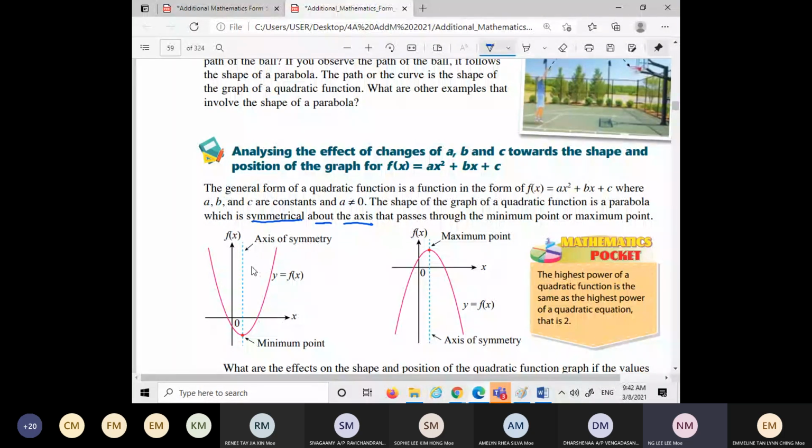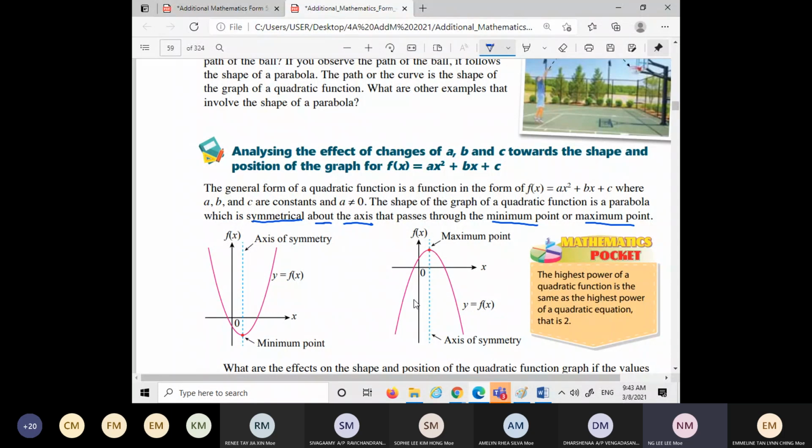The axis of symmetry is a mirror. So next time when you sketch the graph of a quadratic function, please remember: parabola, symmetrical, about the axis that passes through the minimum or the maximum point. This axis of symmetry always passes through the minimum or the maximum point.